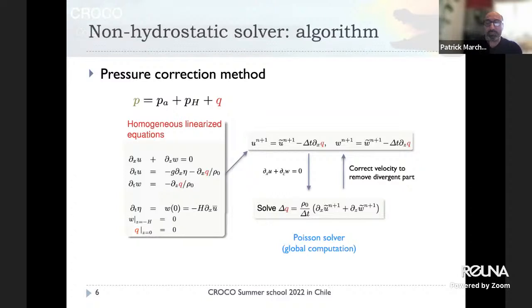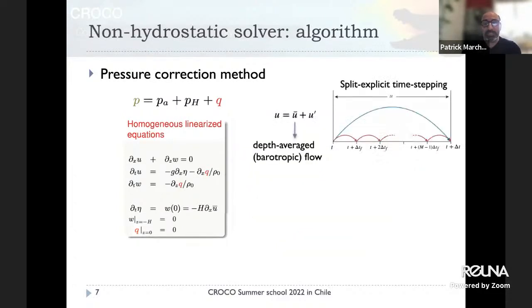So it is a global computation that is made. That is, all the points of the domain are calculated in the same procedure using a Poisson solver. And this can be a problem for parallelization. Another problem is that we don't use a simple 3D model.